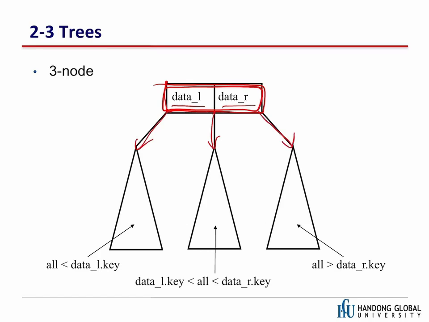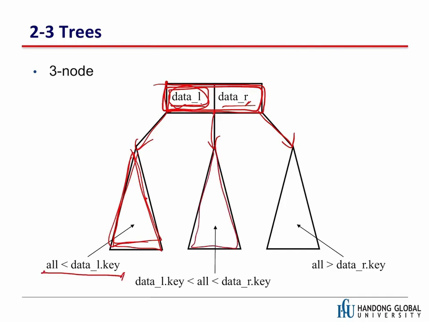So we can have 3 subtrees. This is a natural extension of a 2 node or binary search tree node. All the keys from this subtree are smaller than data L. L stands for left, and R for right. So all the keys from this subtree are smaller than the key of this one.